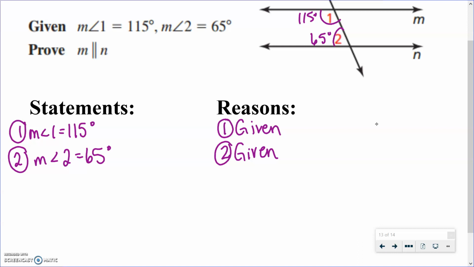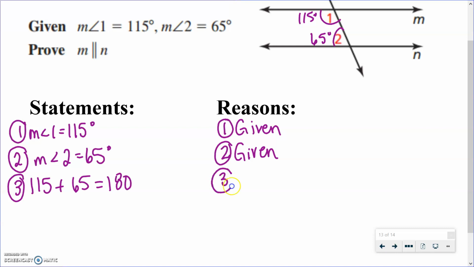So I want to use same side interior supplementary to get to the fact that I'm proving that m is parallel to n. Well, first I need to show supplementary. So I need to show this here: 115 plus 65 equals 180, okay, which it does.